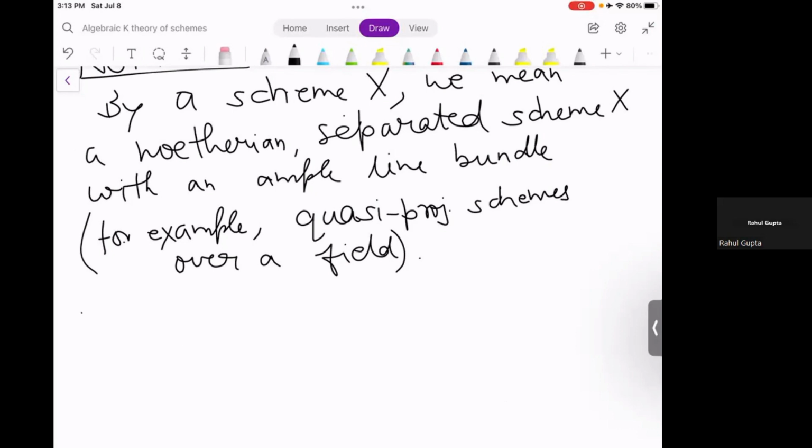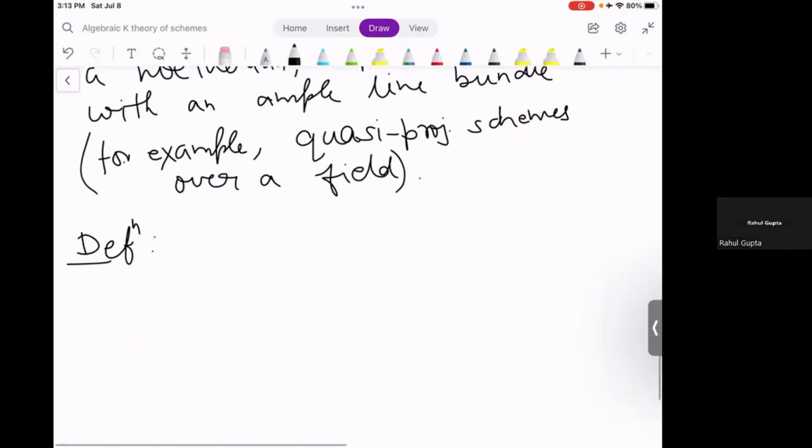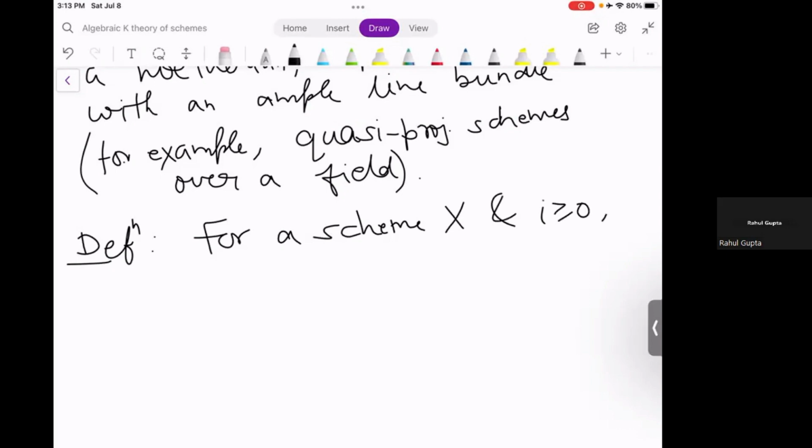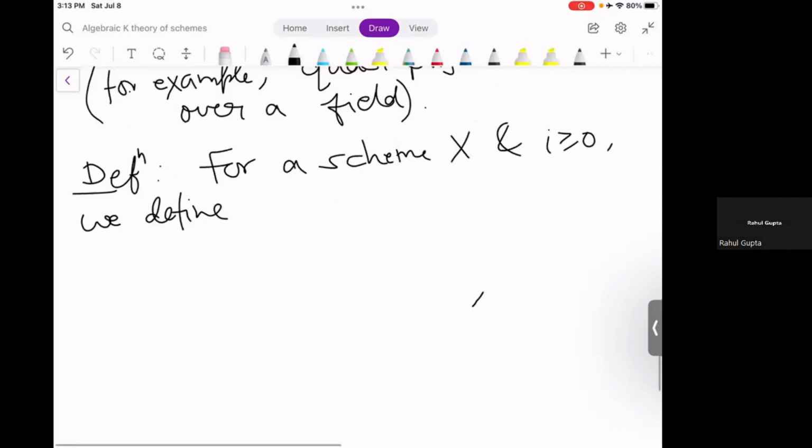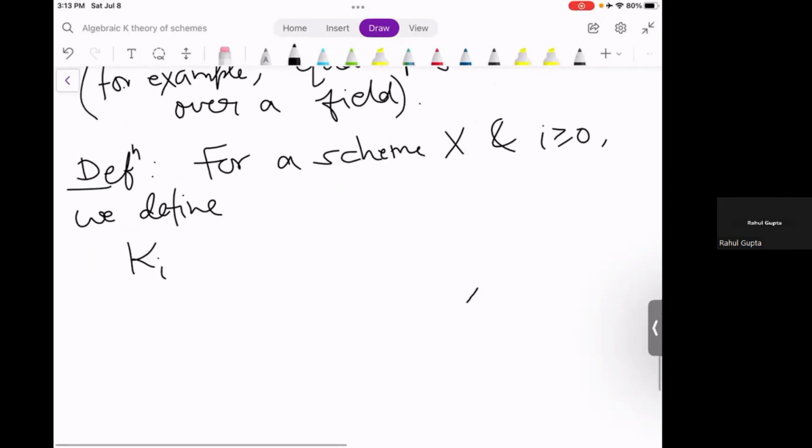So let us make a definition. For a scheme X and i greater than or equal to 0, we define Ki of X to be, any guesses what it should be?